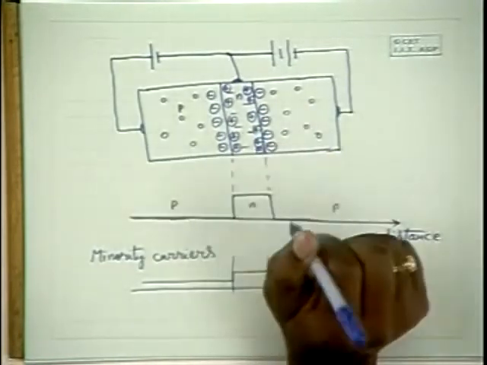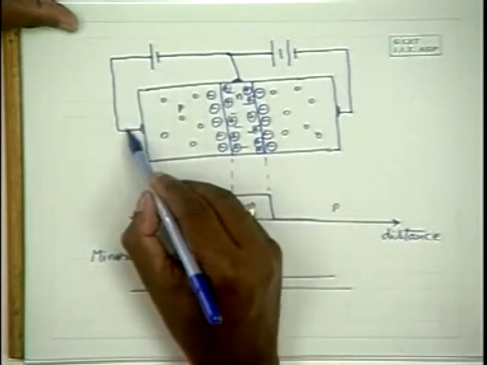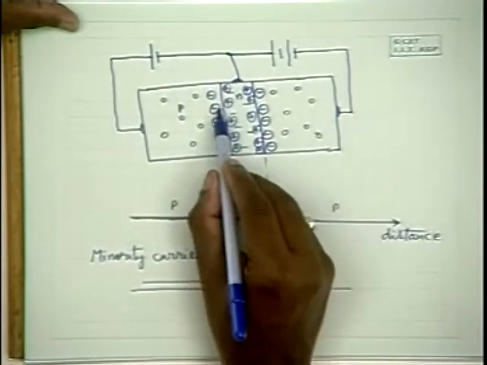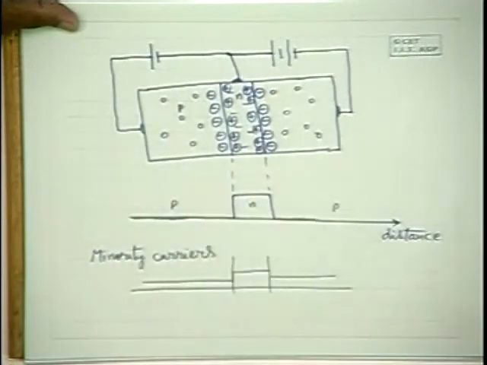Let us examine what happens in this situation. When this junction is forward biased, naturally the potential difference between the p side and n side is reduced by the external potential.